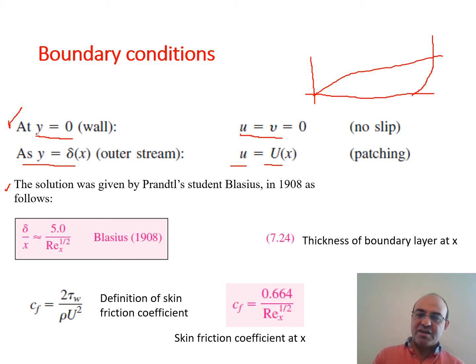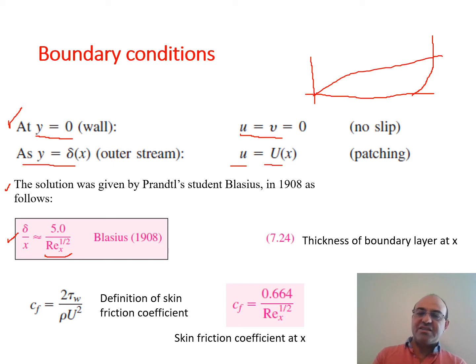And once the velocity profile is found, other parameters can be found as well. For instance, delta, the thickness of the boundary layer, was found by Blasius. He showed that delta over x, thickness divided by x measured from the leading edge, is equal to 5 over Reynolds to the power of 1/2.